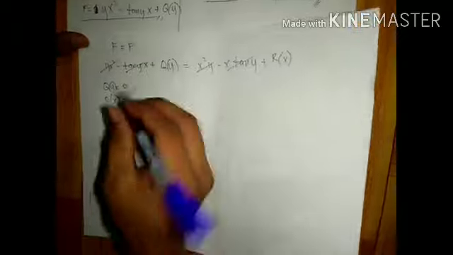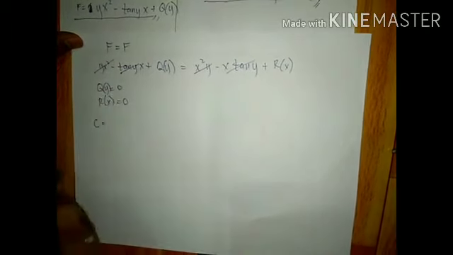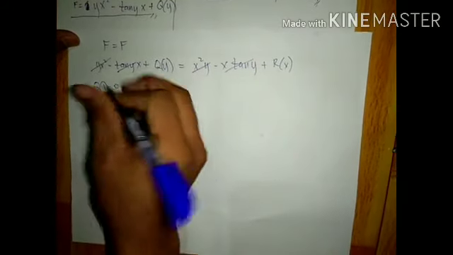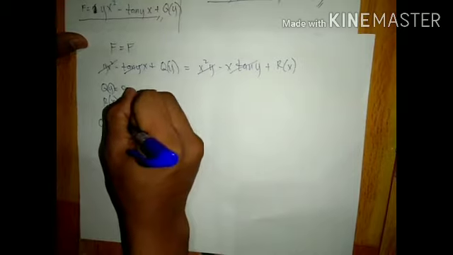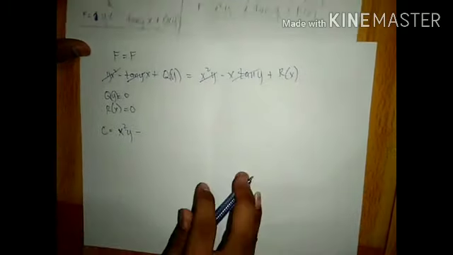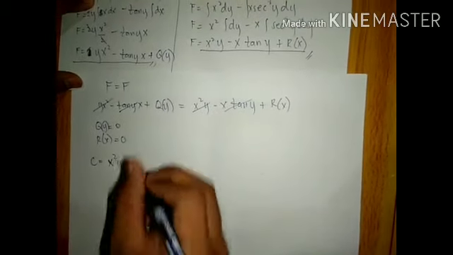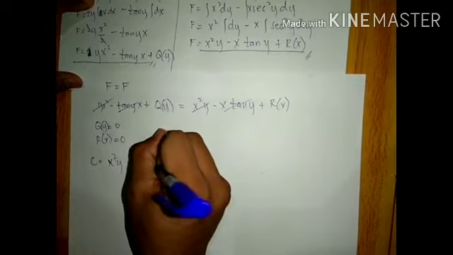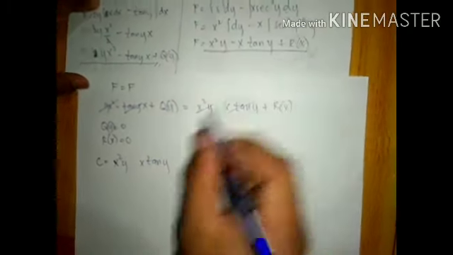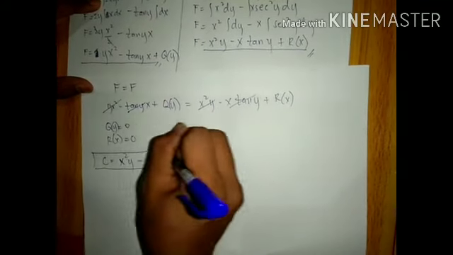So our final answer: we list f of constant C as x squared y minus x tan y. The R(x) is 0, so it is gone, and this is our general solution.